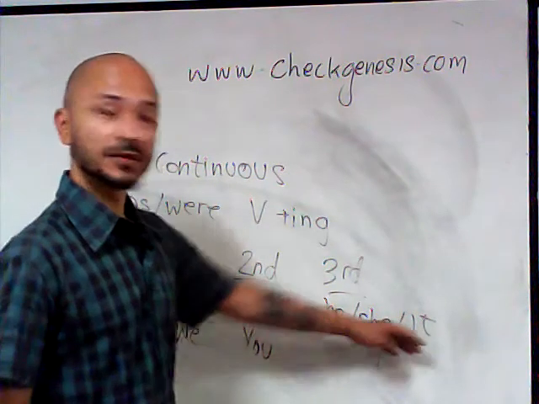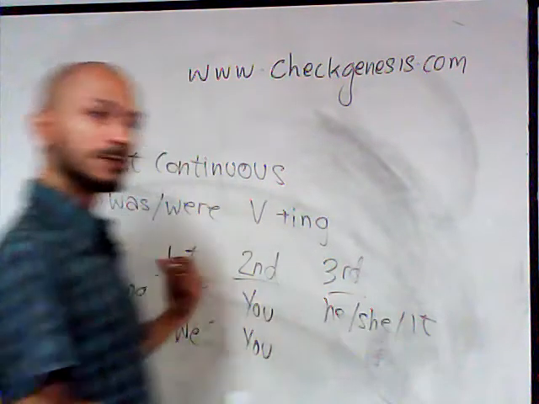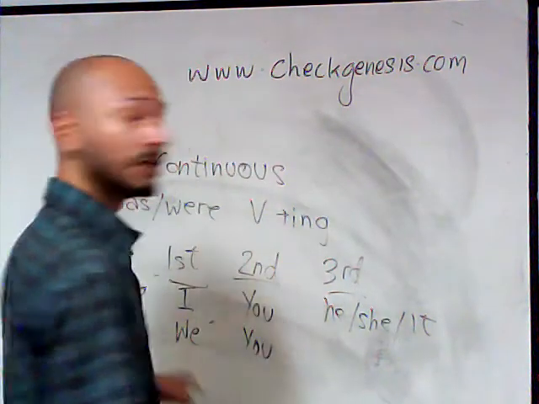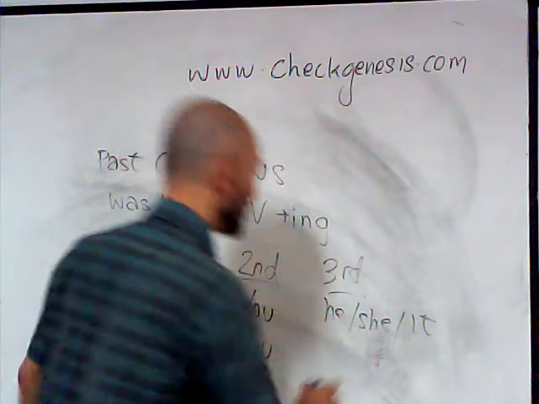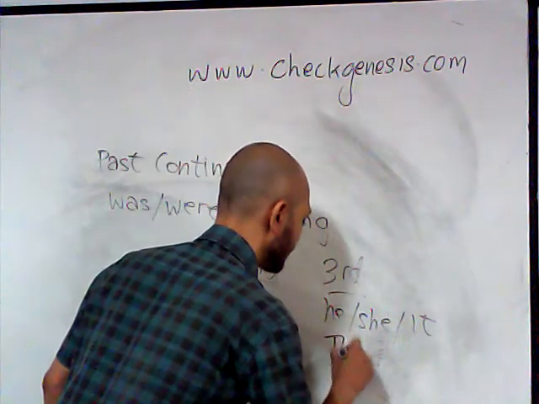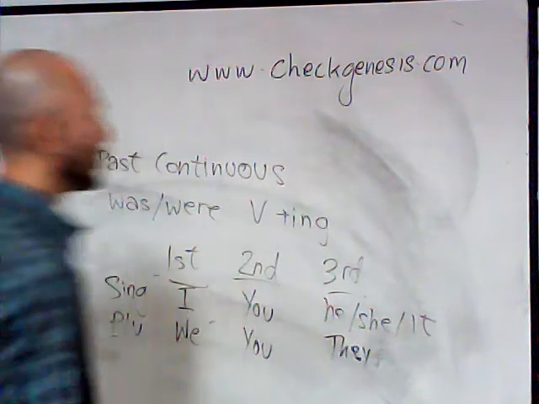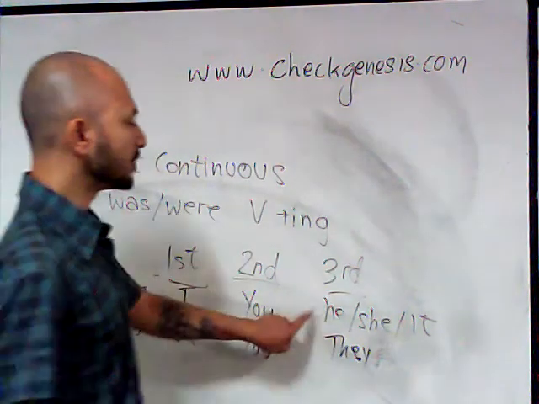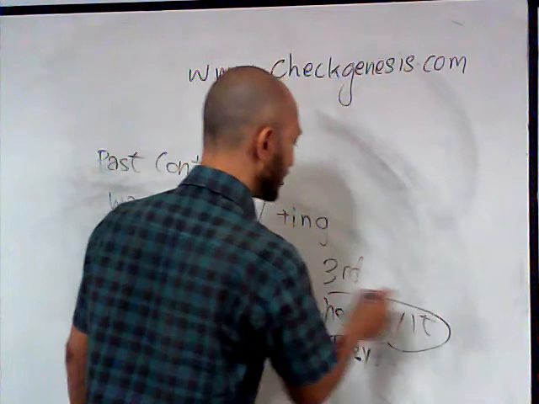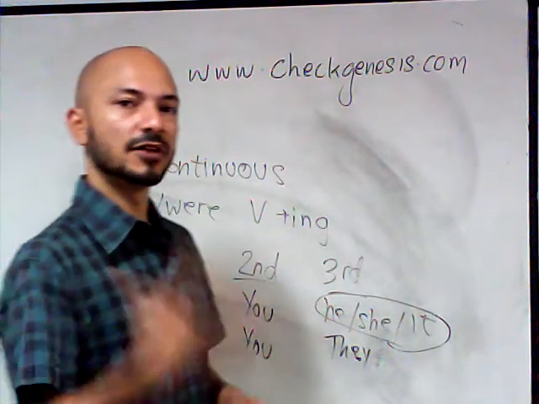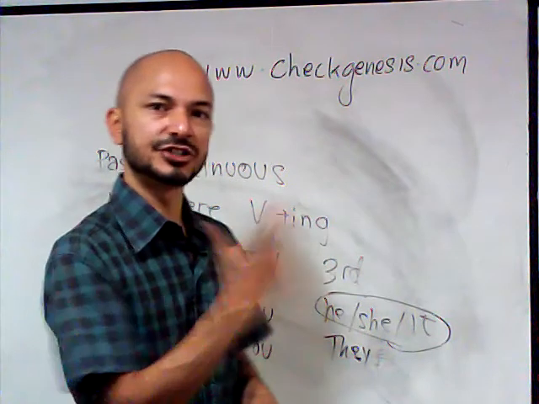Third person over here, he, she, and it happen to be the singular forms. For the plural forms, we have, sorry, we is the first person. So over here, it's going to be they. So the question is, when you are using the third person singular, he, she, or it, that is where all the problems come in, and the verb form starts to change shape.